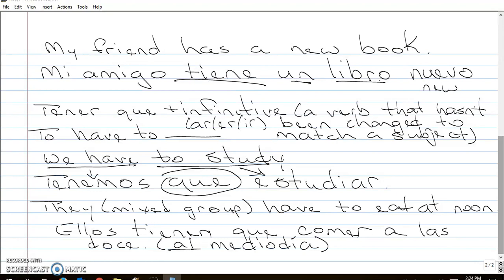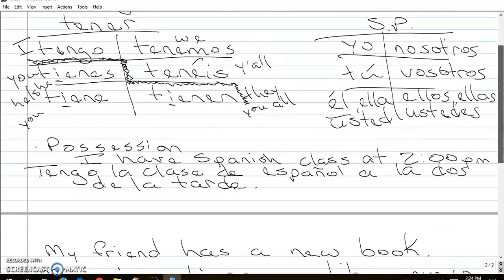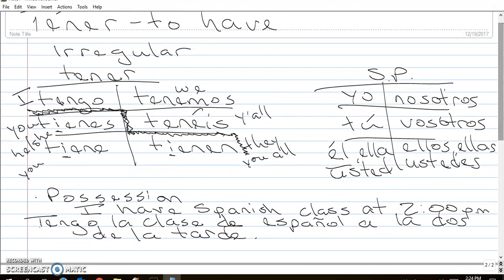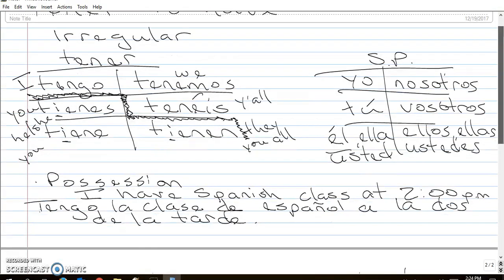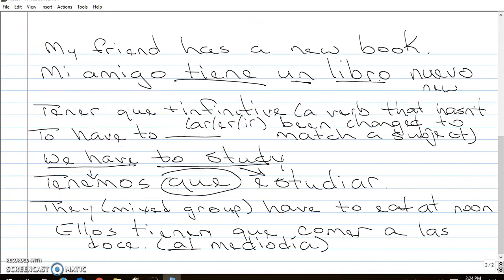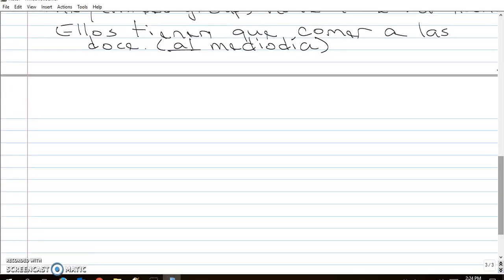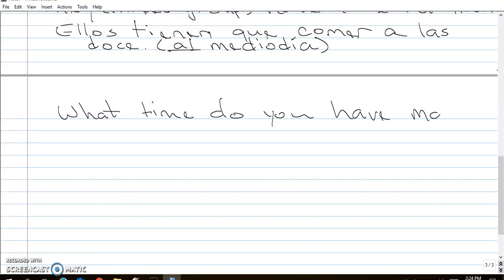And that covers the basics of what we have with tener. You just have to match it up with your subject. A lot of what we're going to be doing in this chapter is talking about school subjects. So you might say, let's do a little practice that's a little more pertinent. What time do you have math class?